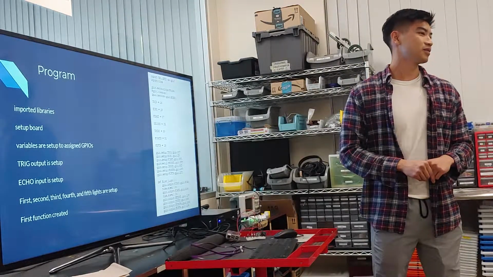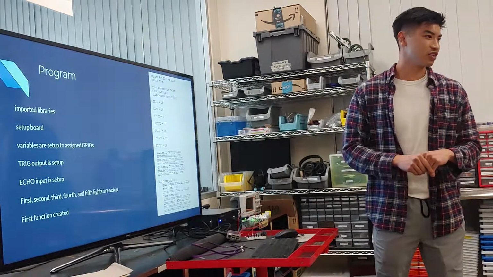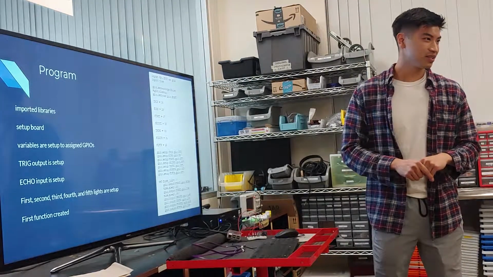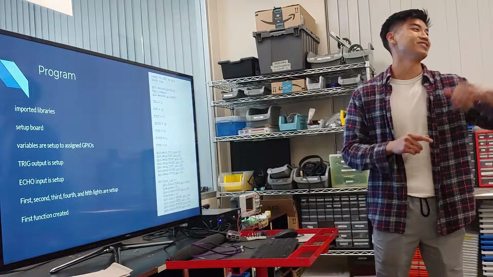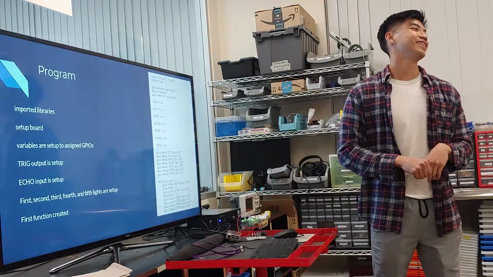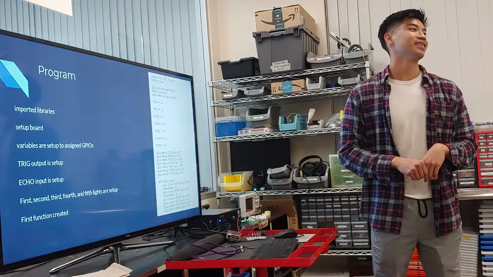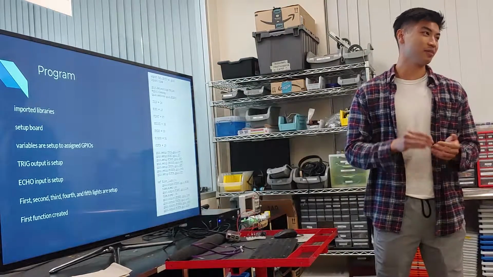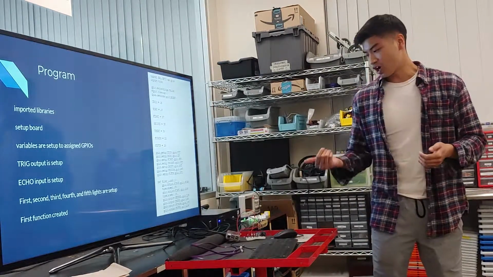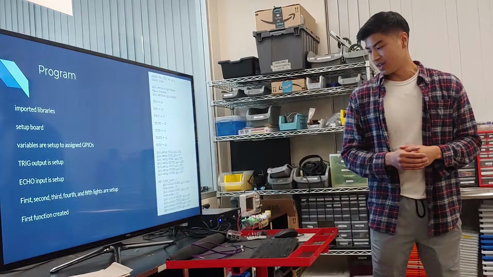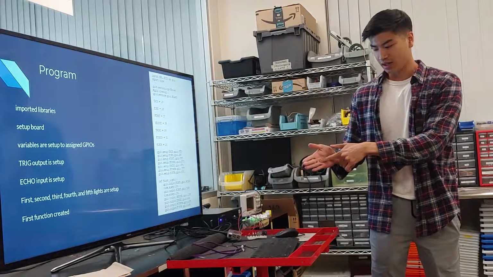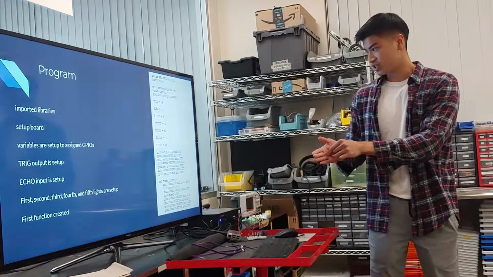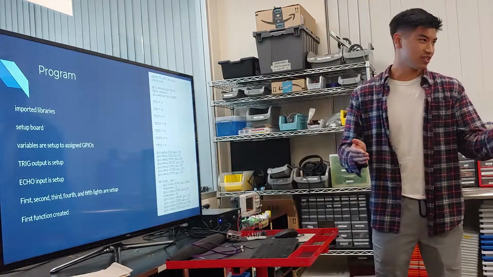Ground? So trig is pretty much, okay, you can answer it. It emits the sound signal out of the ultrasonic sensor, and then that can bounce off of an object, for example, like my hand, and then that goes into the input, which is the echo.